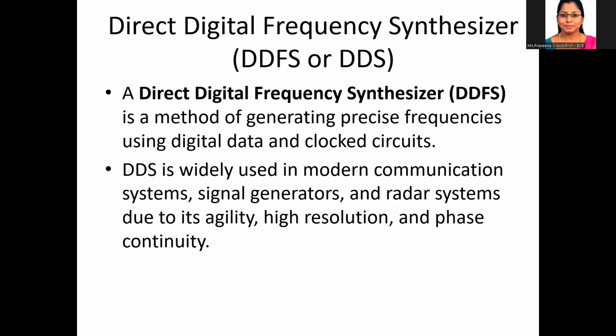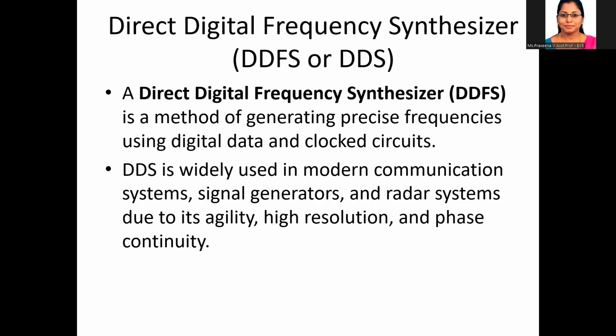The major advantages of DDFS are high frequency resolution, rapid frequency hopping, and programmable output frequency. Because of these features, it is widely used in modern communication systems, signal generators, radar systems, and SDR. SDR, we have learned about in the fourth unit itself. SDR is software defined radio.